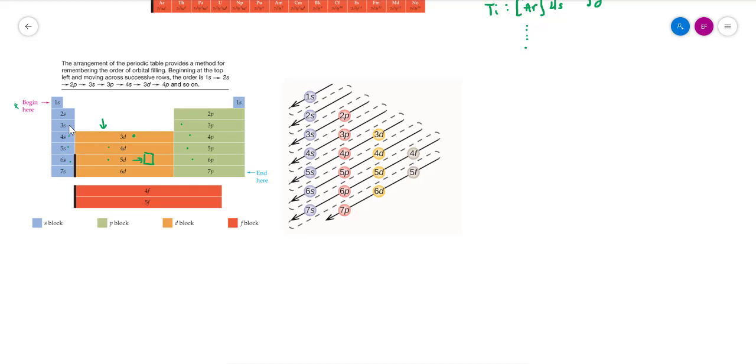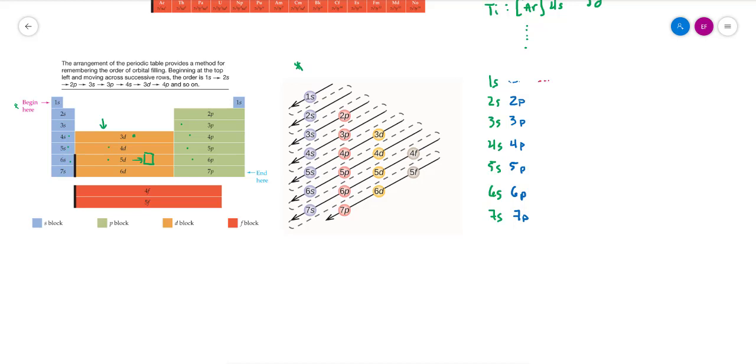The other way that people write this is with this configuration here, or this representation. And this is actually kind of handy too. In this case, the way that you can construct this on your own, so you don't just have to memorize this, is just to start by writing a vertical line of 1s, 2s, 3s, 4s, 5s, 6s, 7s, and then I'll change the color here, and then because there's no p orbital here in the n equals 1, we'll just start here as 2p, 3p, 4p, 5p, 6p, 7p, and then we'll do the same thing with the d's.